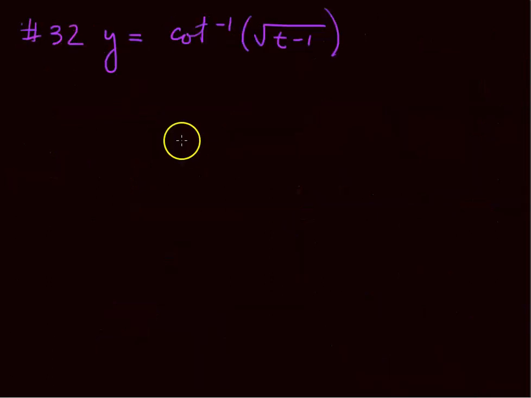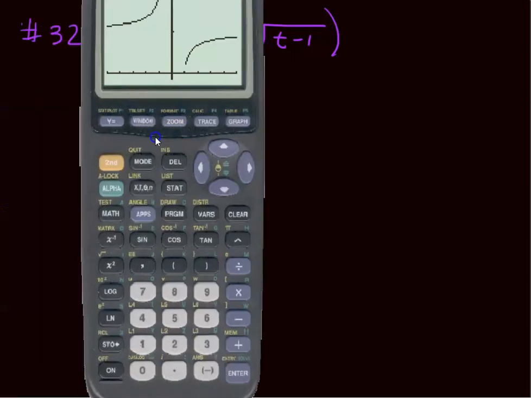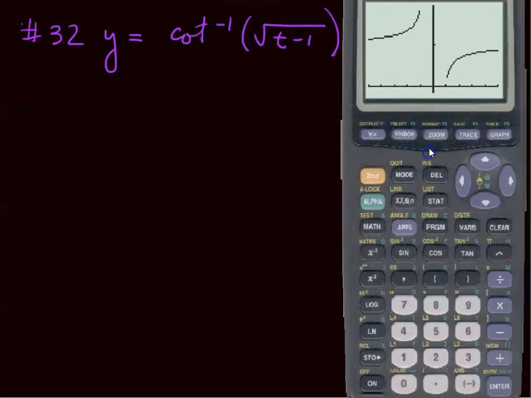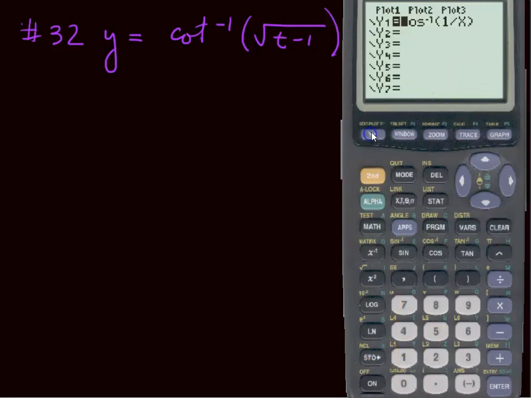Okay. So this is number 32, and we're given y equals the inverse cotangent of the square root of t minus 1. So they want to find dy dt. I want to bring in my calculator again because this can be helpful. You can't rely on having this all the time, and yet, if you've got access to it and you're a little bit confused, a graph can help.